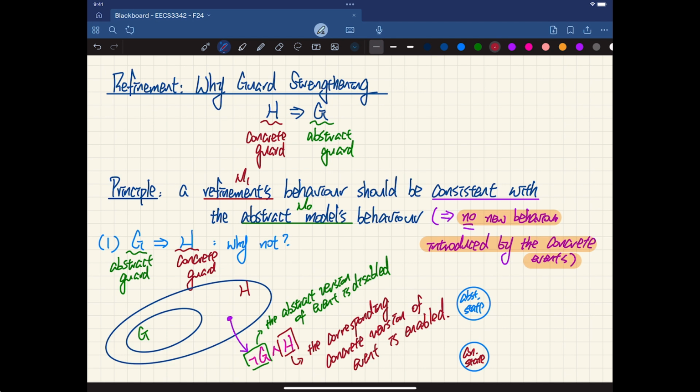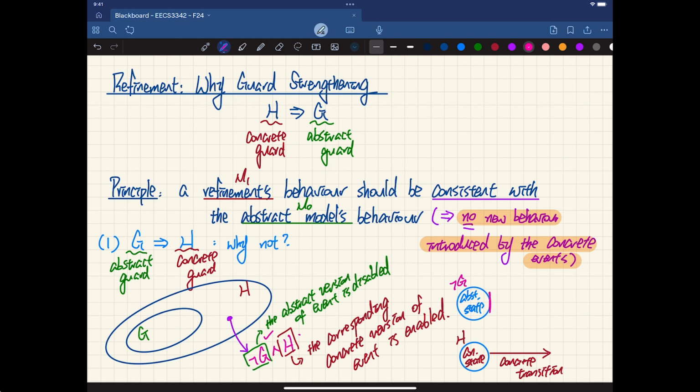And somehow we got here not G, and here we got H. Oh, beg your pardon, the other way. Sorry about that. Because H over here is a concrete guard. So we got H over here. That means we do have the corresponding concrete transition. That one can occur. On the other hand, we got not G.